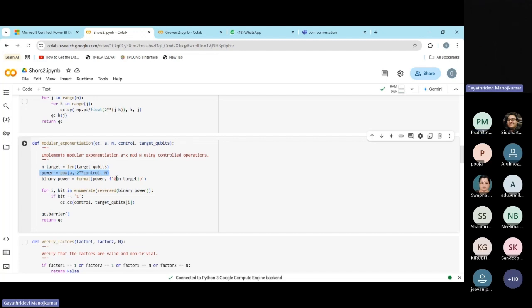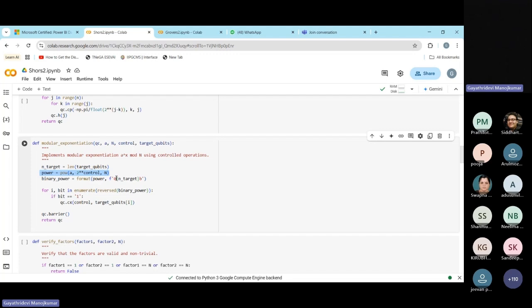For each bit in the binary representation, reading from least significant to most significant, if the bit is 1, a controlled gate is applied with a control qubit, controlling the corresponding target qubit.